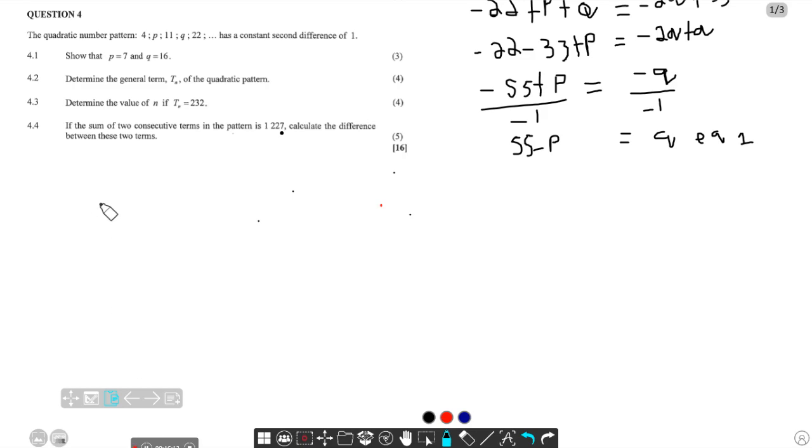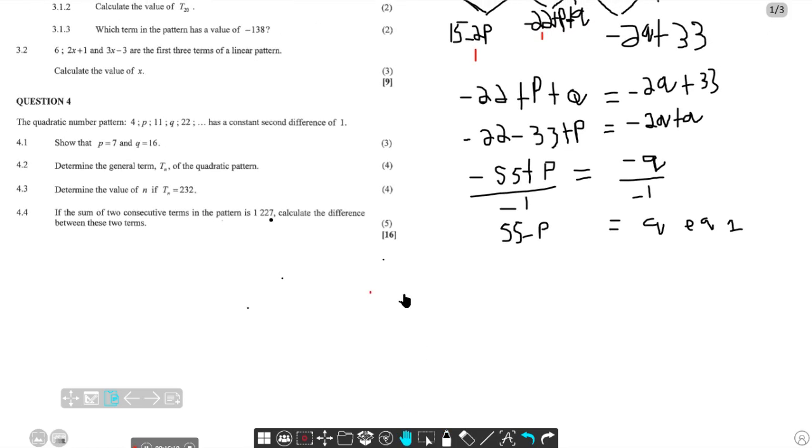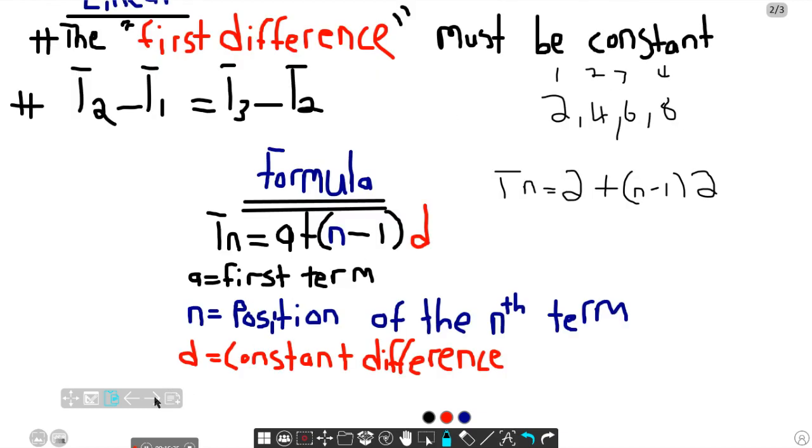Now, what am I going to say now? I'm going to take negative 22. The reason why I'm equating it is because remember what the rule says.